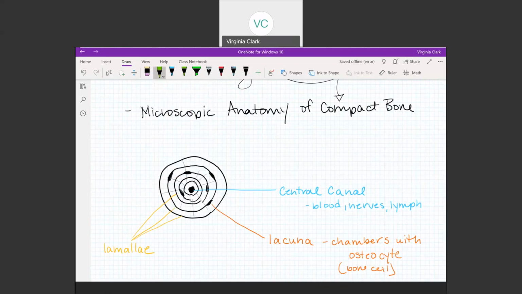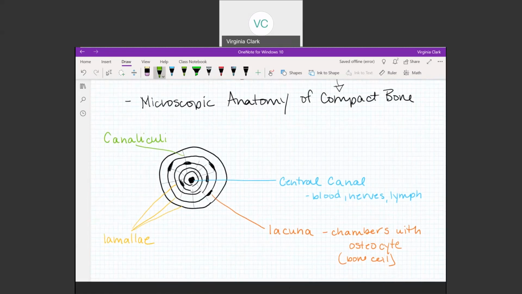So whenever you see these canaliculi, they are small little canals that are going to go horizontal. So they are canals that are radiating out of the center of the central canal to the entire bone. So this is what you're going to look at when you see the microscope. This is also what the drawing is for this week.